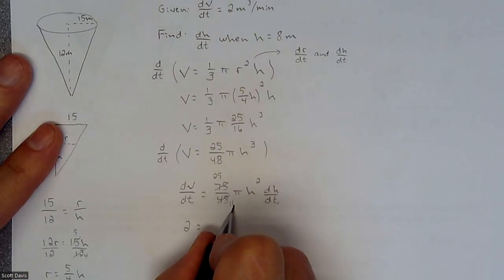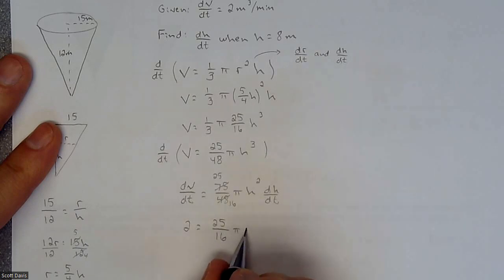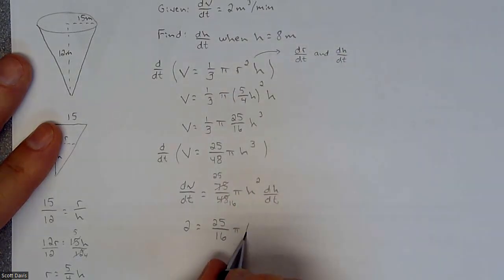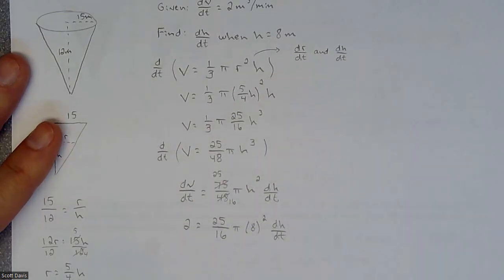So that'll bring that back to 16. So I'm looking at 25/16 pi h squared. For h, we have a very particular moment. We want 8 squared. And the only piece we don't know is dh/dt, because that's what we're looking for.